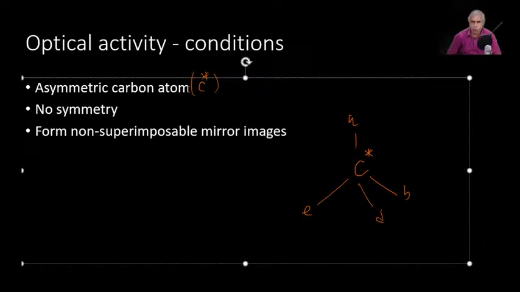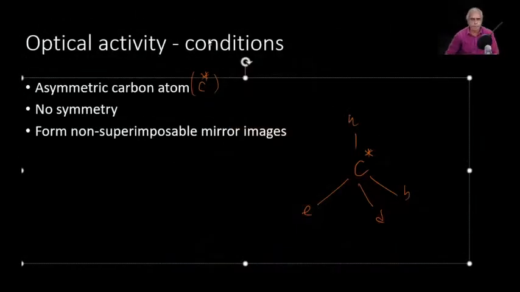What do you mean by non-superimposable mirror image? Let me consider. Look here. For instance, this is 5 and this is 5. What is 5 plus 5? 10. But in chemistry, 5 plus 5, it becomes 5. It means this is superimposable. Non-superimposable means this is the mirror image of this one, this hand.